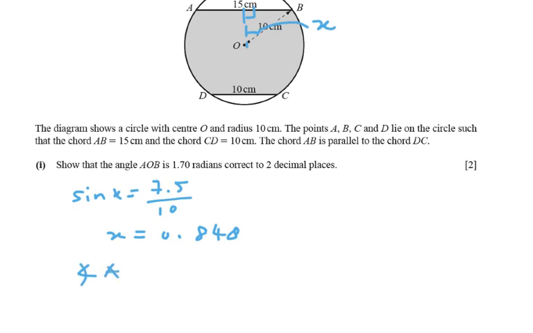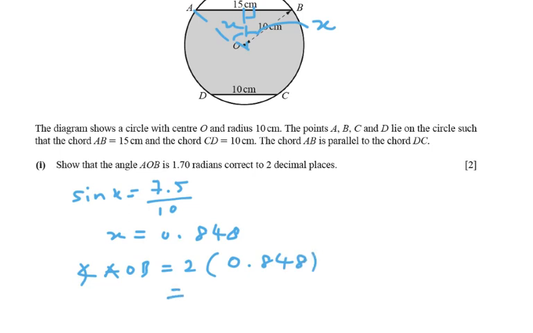Angle of AOB is 2 times angle X if we join this line. So this will also be X. Hence, just take 2, multiply with 0.848.